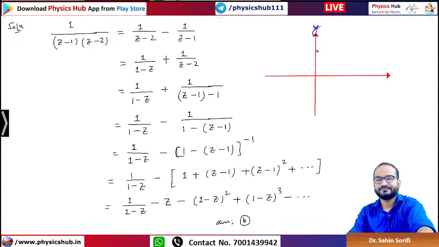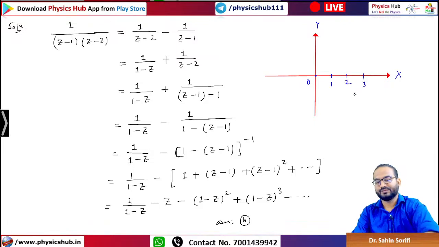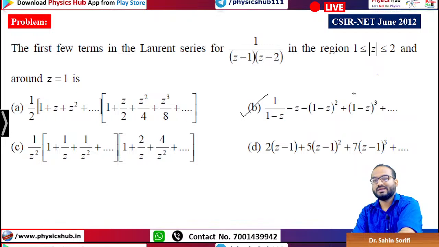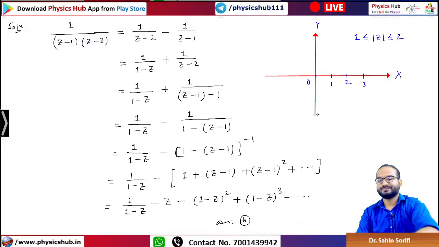On the x-y plane, this is 0, 1, 2, 3, and the region is 1 less than or equal to mod z less than or equal to 2, isn't it?